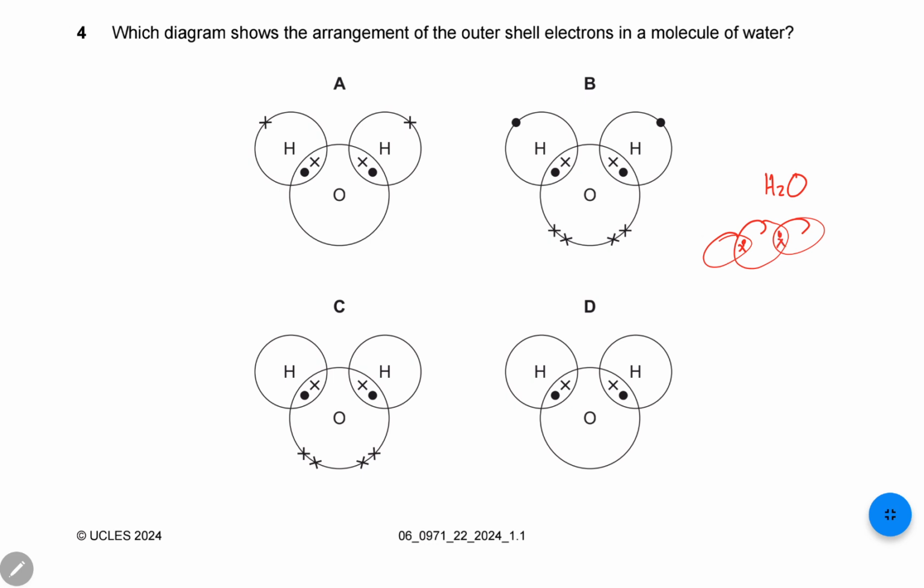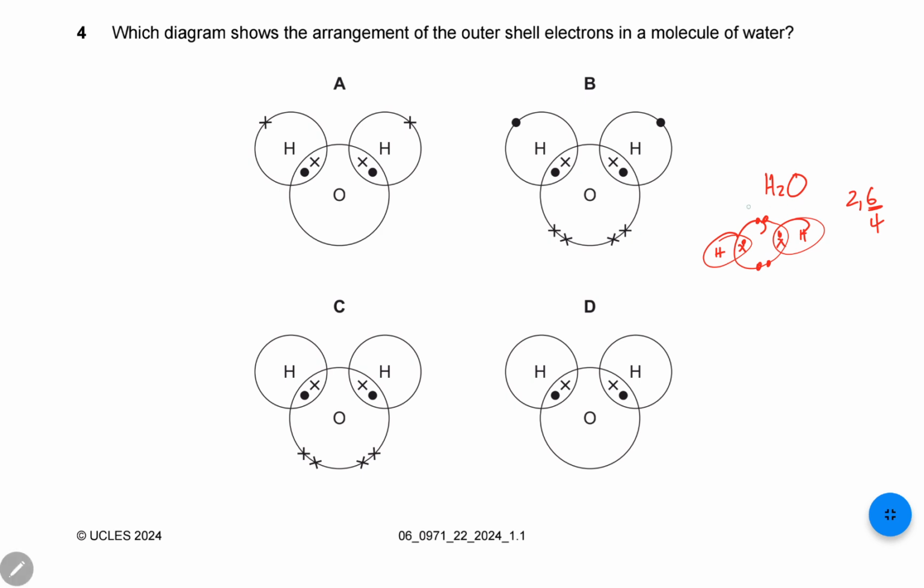We know that oxygen has 8 electrons, and when you write the configuration, only 6 are in the outer shell. Meaning if oxygen shares 2 electrons with the hydrogens, it will remain with 4 electrons. But hydrogen cannot have another electron. Why? Because hydrogen obeys the duplet rule of configuration.